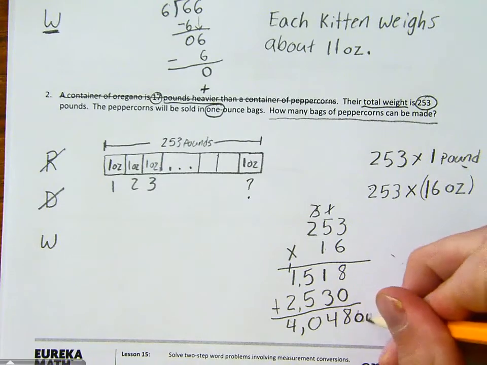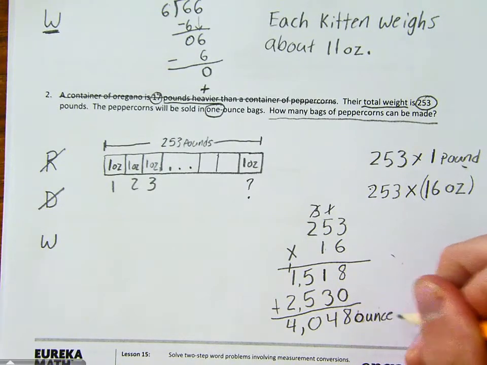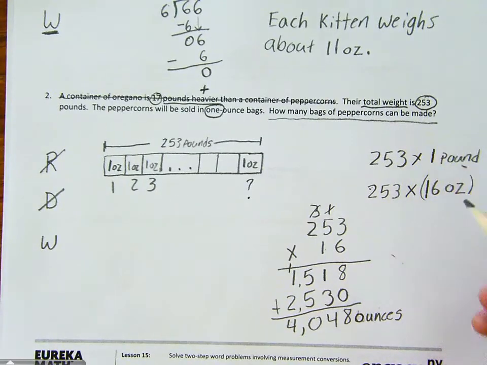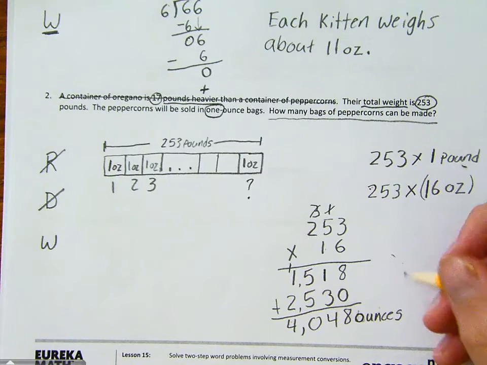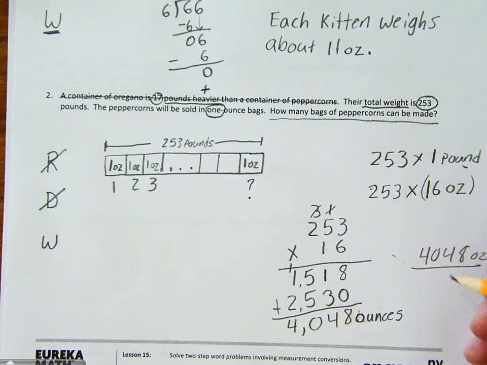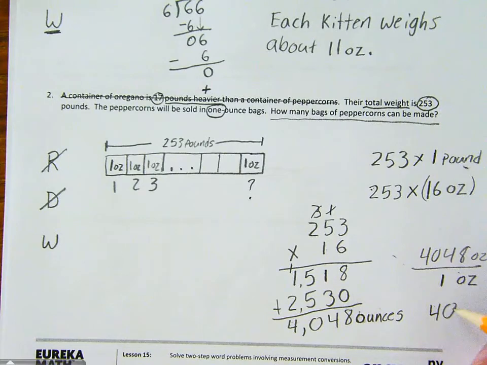Call this ounces first. And it says how many bags of peppercorns can be made if we're making 1 ounce bags. Well, 4,048 ounces divided by 1 ounce bags make 4,048 bags.